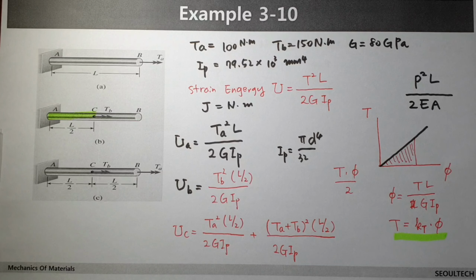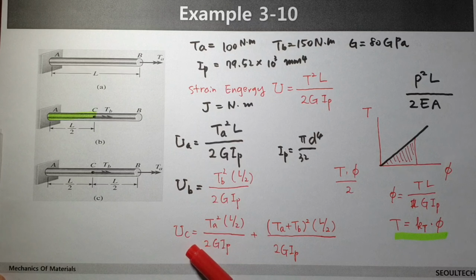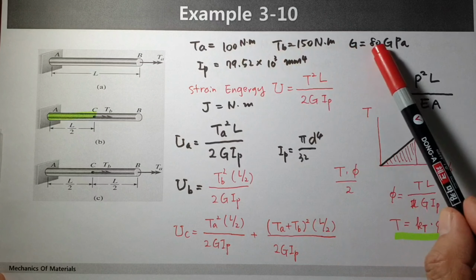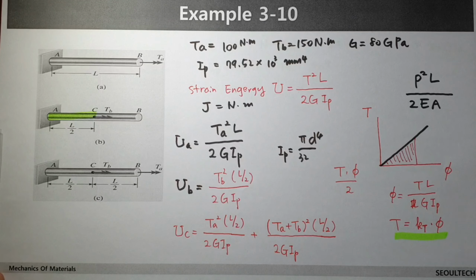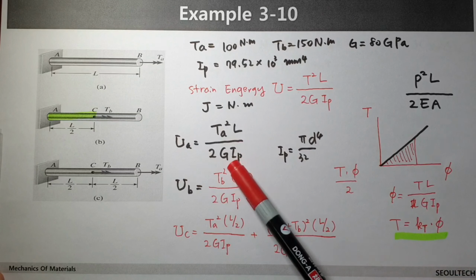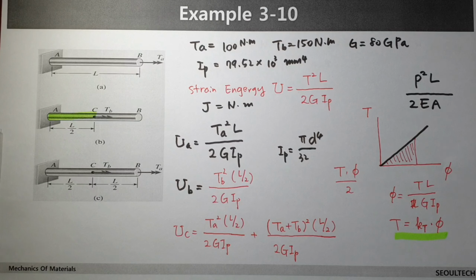Okay, we've calculated UA, UB, and UC. Now we can calculate numerically.